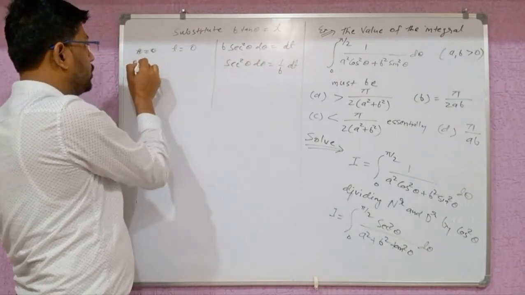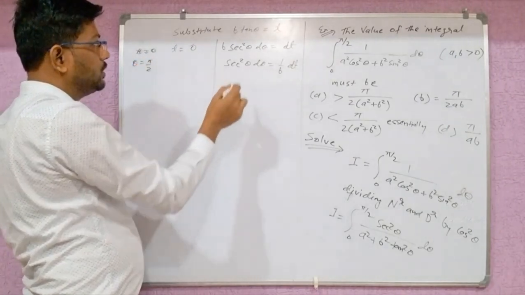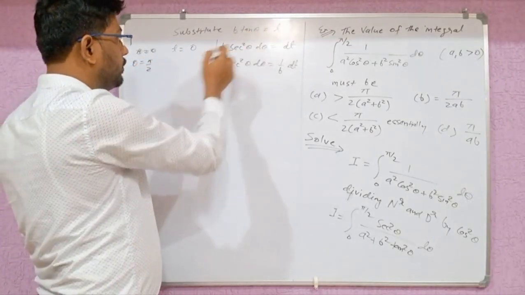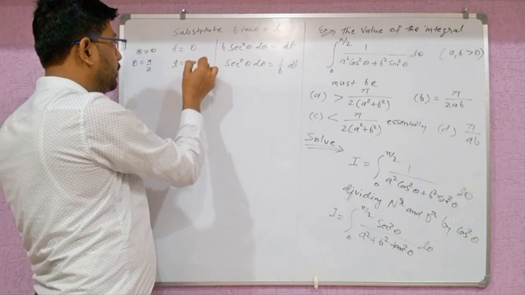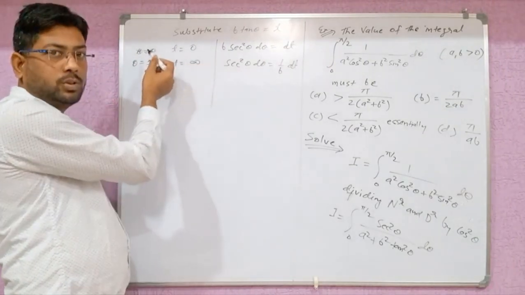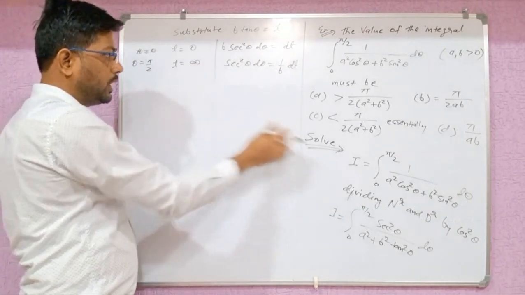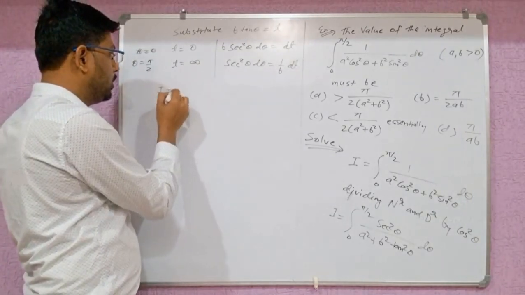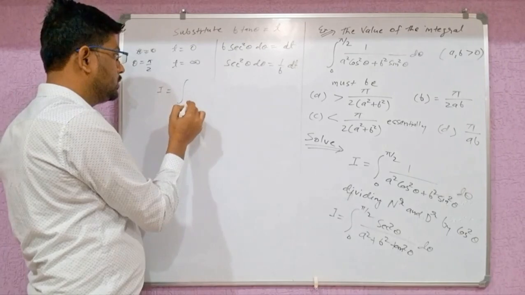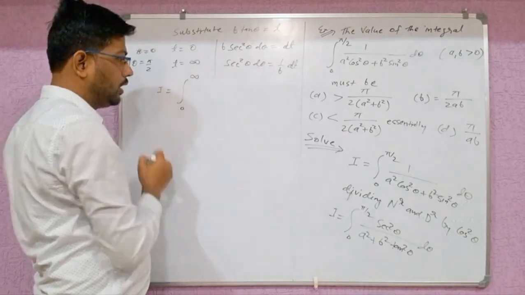And for theta is equal to pi by 2, this will be infinite. So t will be infinite. So 0 to pi by 2, this limit will be 0 to infinite. Okay, so this I can be written as I is equal to integration 0 to infinite.